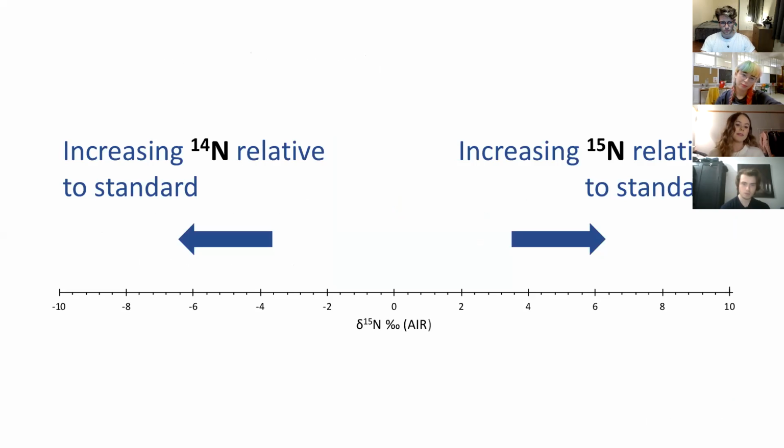So any sample that we measure that has more 14N in it in comparison to that international standard will be negative on the delta 15N scale, and it'll be increasingly negative the more 14N that it has in it. And a kind of similar picture for 15N. If within a sample you have more 15N, then it's going to be positive on the delta 15N scale, and increasingly positive the more 15N it has in.